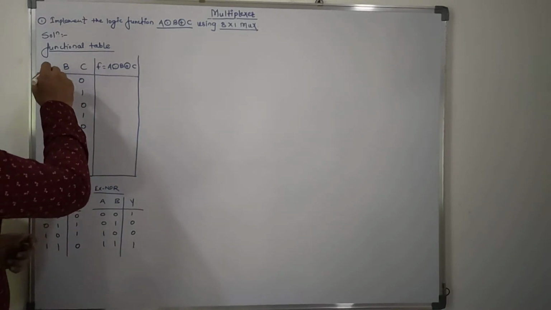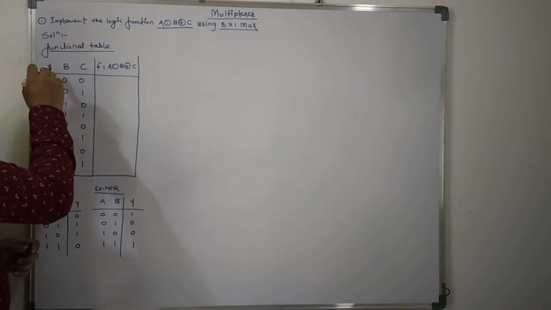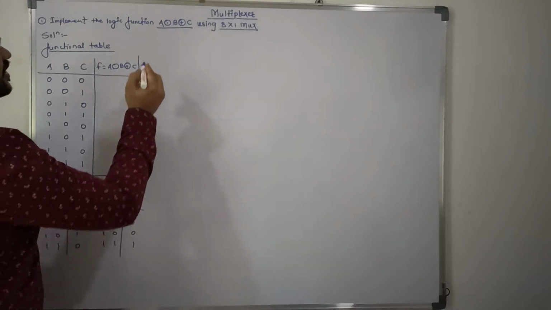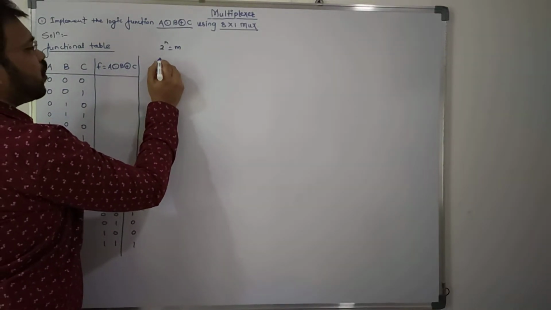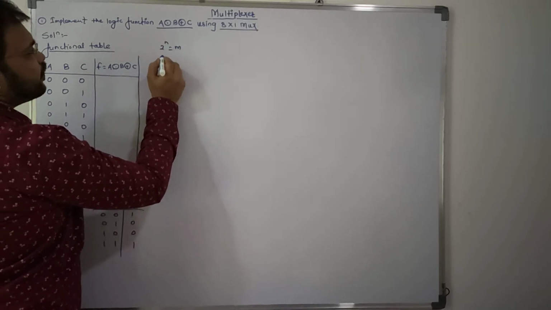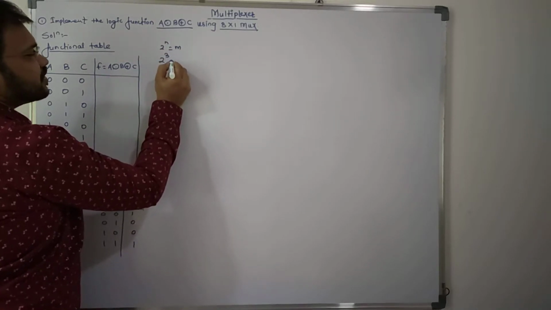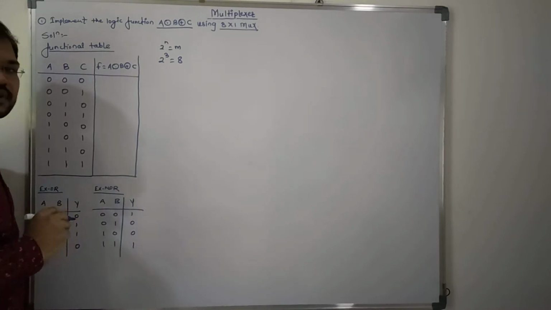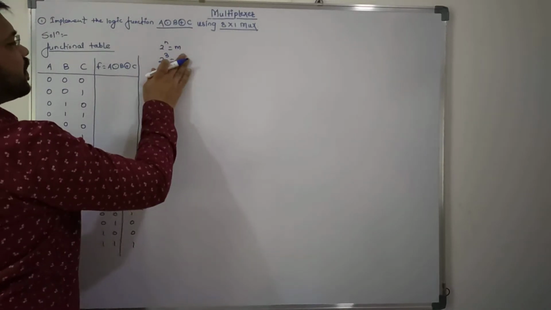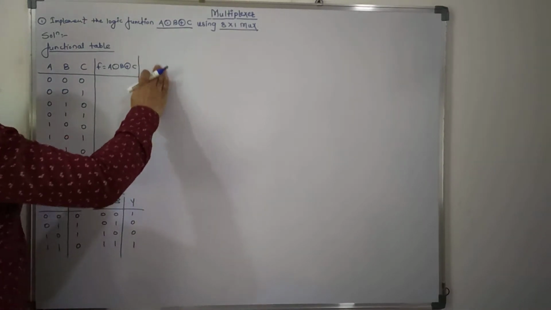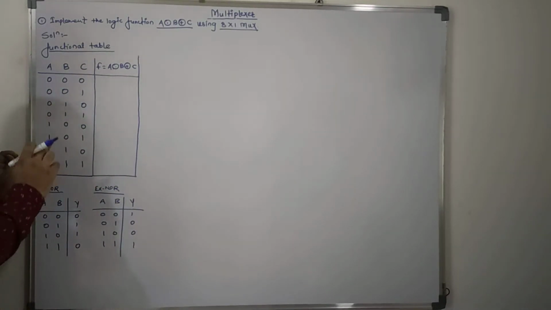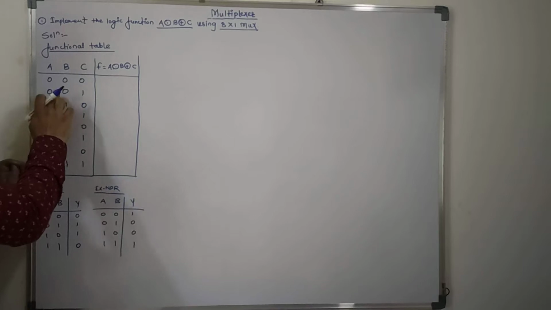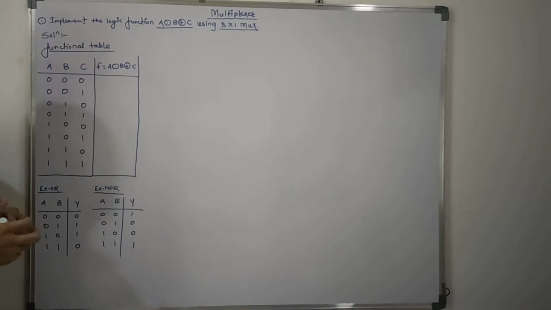For three inputs ABC, by the relation 2 raised to power n equals m, where n is the number of input lines, here the number of inputs is 3, so we have 8 data inputs, D0 to D7, corresponding to 0 0 0, 0 0 1, 0 1 0, up to 1 1 1.